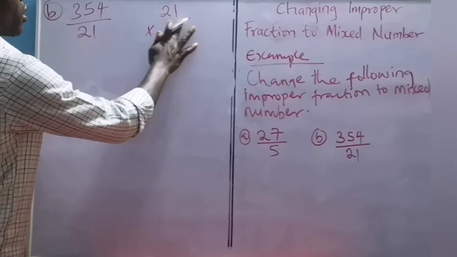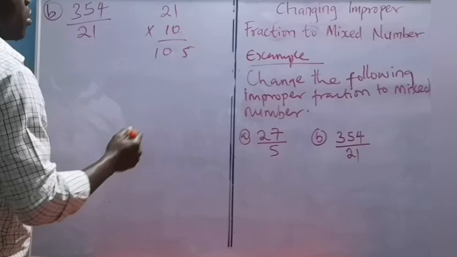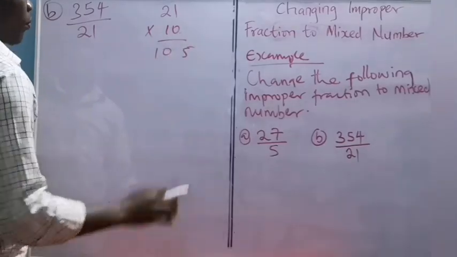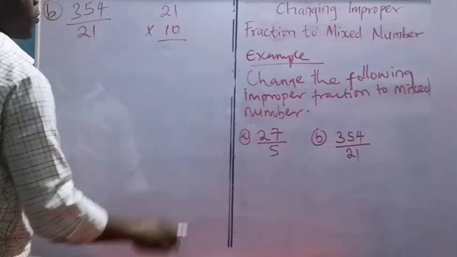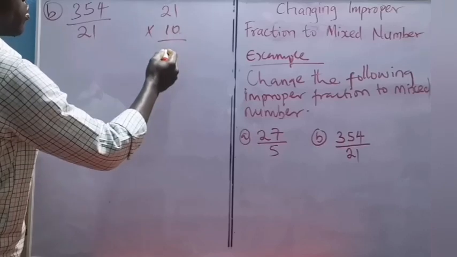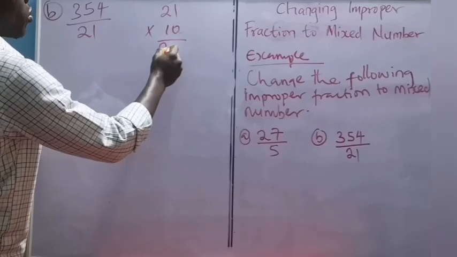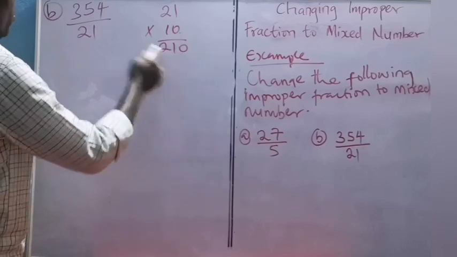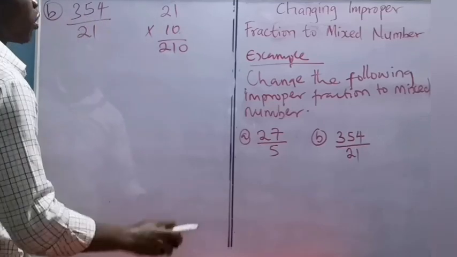Okay, let me take it to 10. 10 times 21 will give us 210. It is still small compared to this one.